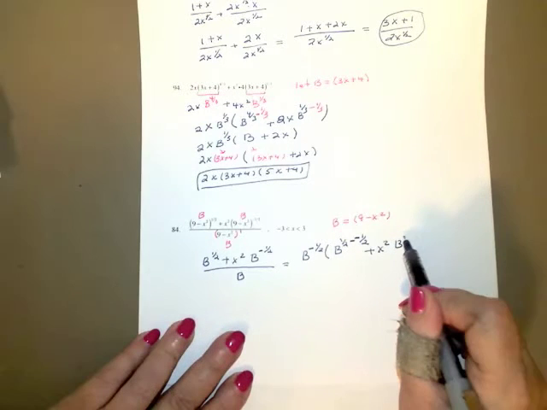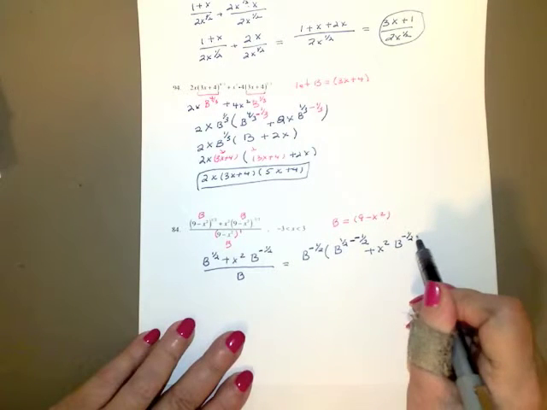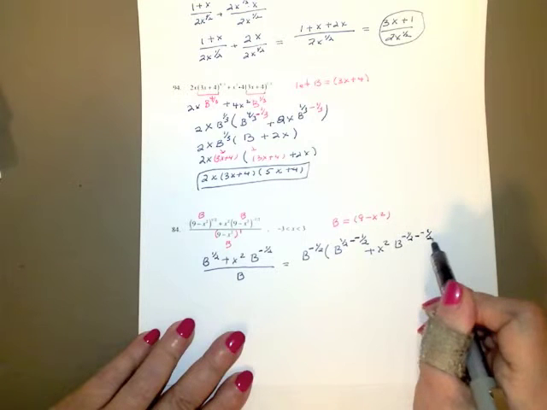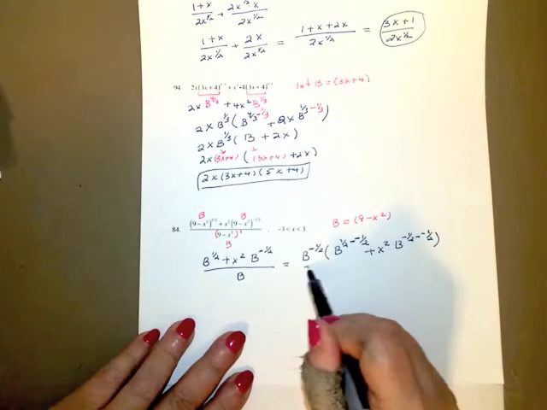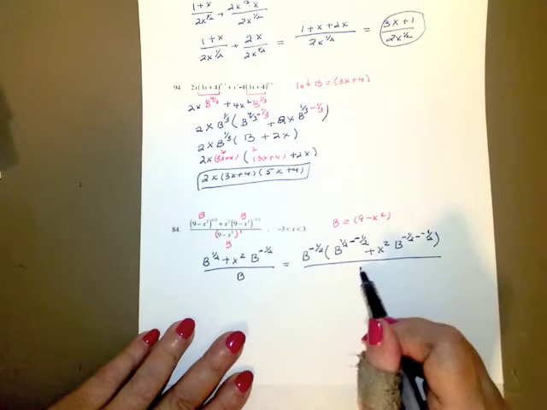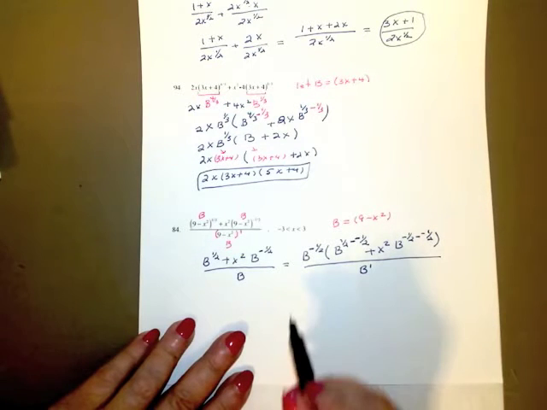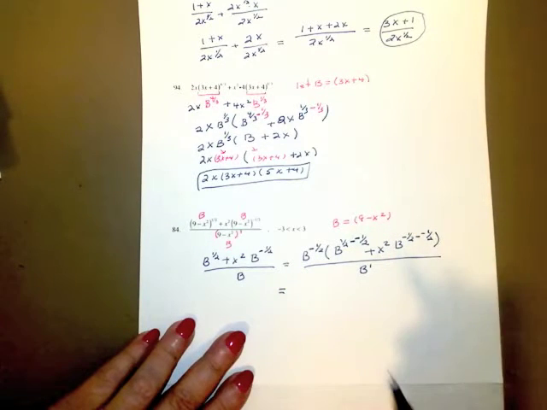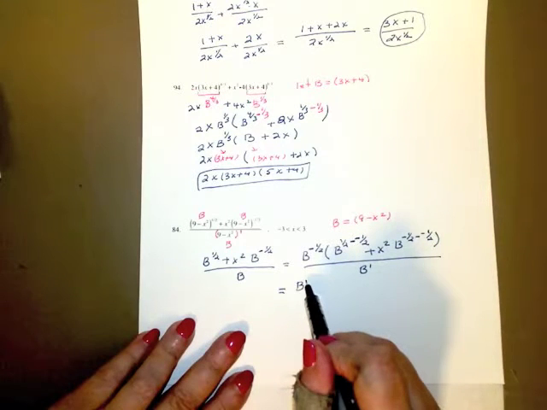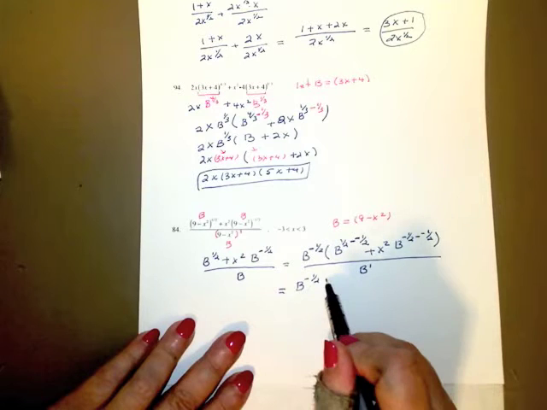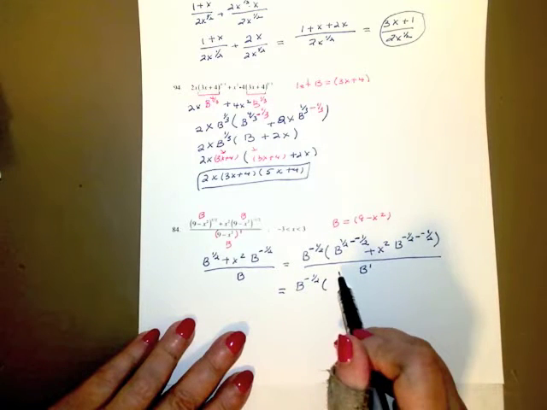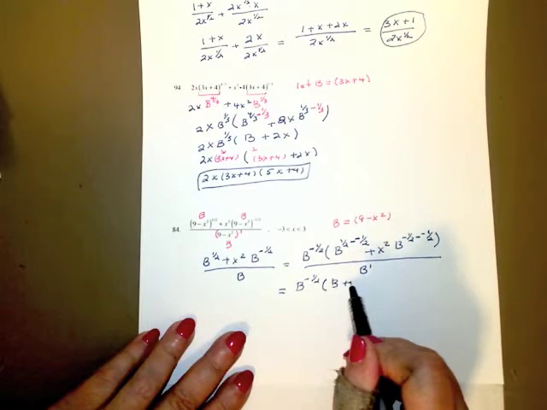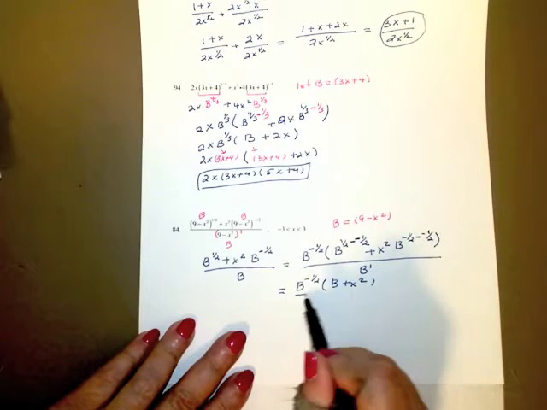From the b to the negative 1/2, I'm going to remove a negative 1/2, all over b to the 1. So then this becomes b to the negative 1/2 times b plus x squared, all over b.